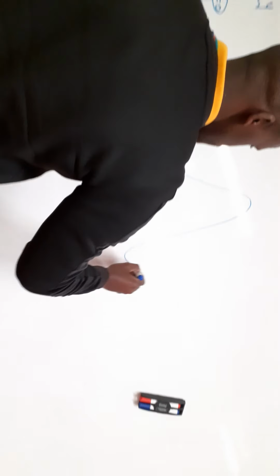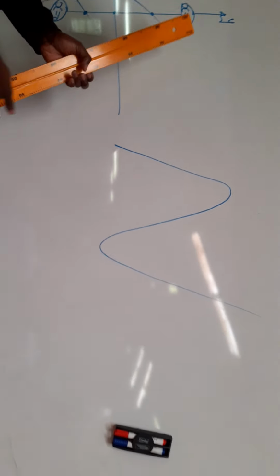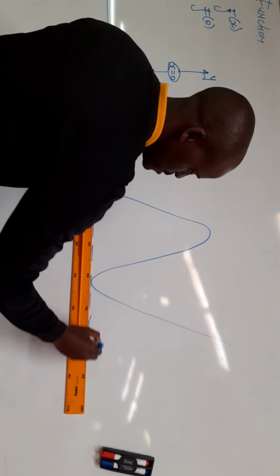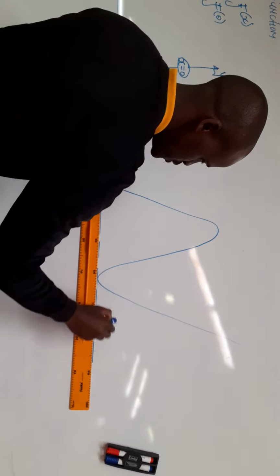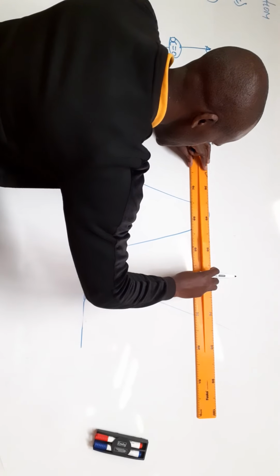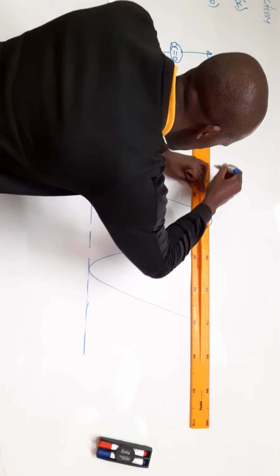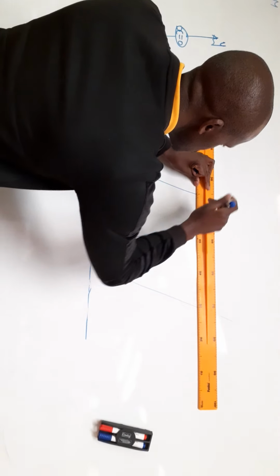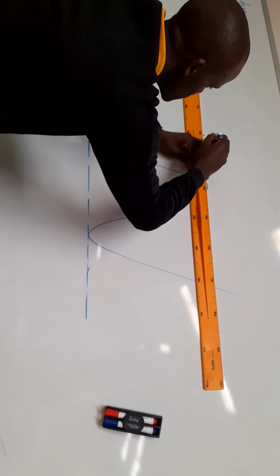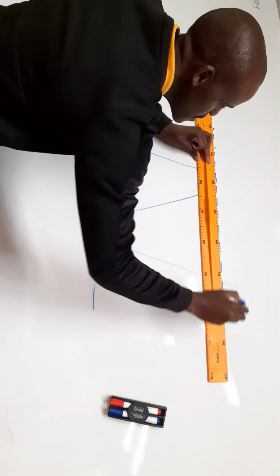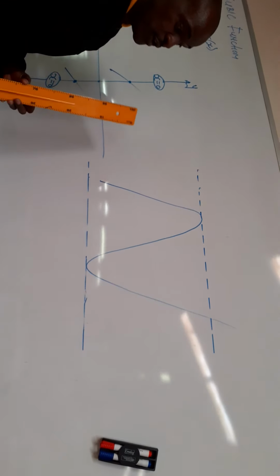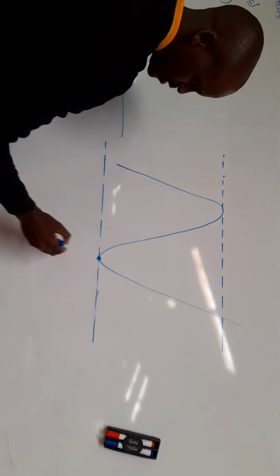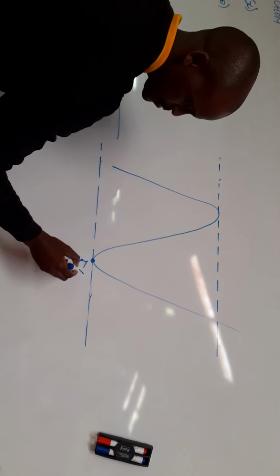For our gradient to be equal to 0, remember, you need to have a horizontal line. So for our gradient to be 0, we need to have a horizontal line. So which means this is the turning point.